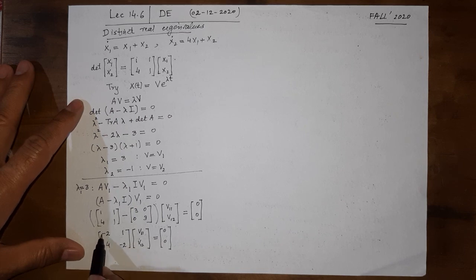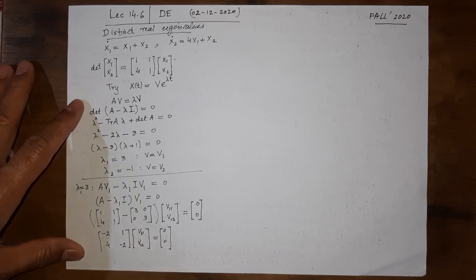When you multiply minus 2 by minus 2, you get 4, and when you multiply 1 by minus 2, you get minus 2. So this row is a scalar multiple of this row.